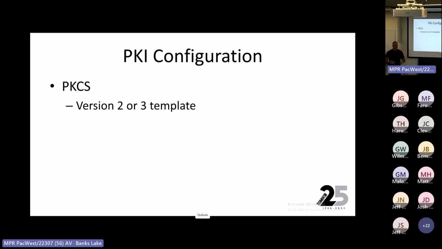So typically, we would want to use a version 4 template because it supports all the latest features, like CNG, cryptographic next generation, and TPM support, and all the good stuff that comes along with version 4 templates. However, PKCS can support no newer than a version 3 template.